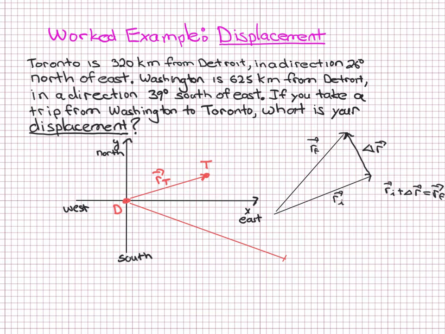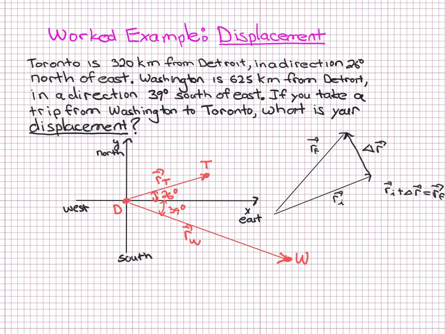So the end of this arrow represents the city of Washington. And now let me label my angles here. We said that Toronto was 26 degrees north of east. So that angle here is 26 degrees. And Washington is 39 degrees south of east. So that's a 39-degree angle. And this vector here, which represents the position of Washington, I'm going to label R sub W.